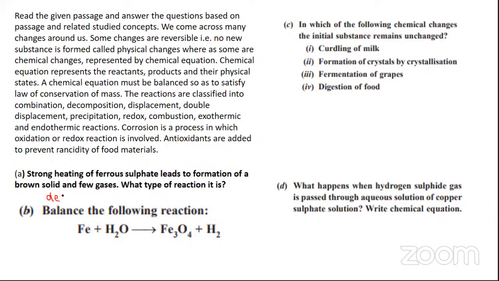There's a decomposition reaction, thermal decomposition, you can call it. And Rishikesh is saying it's a redox reaction. That is also correct. What else can be there? What type of reaction is it? It is an endothermic reaction as well, right?